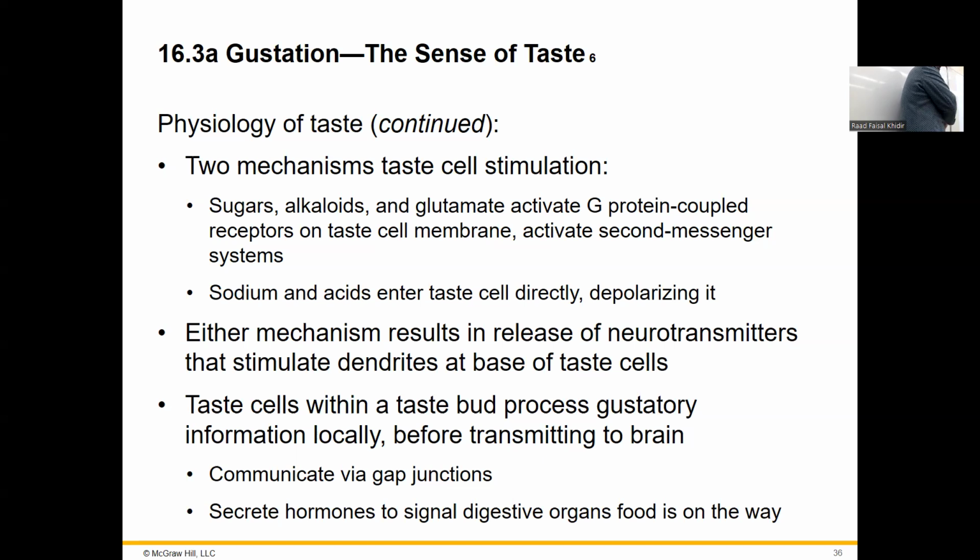So they are coupled from the inside to a G protein. That's why we call them G coupled protein receptors. When this hydrophilic food binds to the receptor on the outside, that causes a conformational change on the receptor. The receptor is going to dimerize, and that is going to make the G protein active.